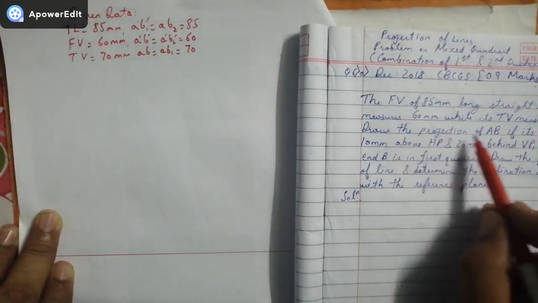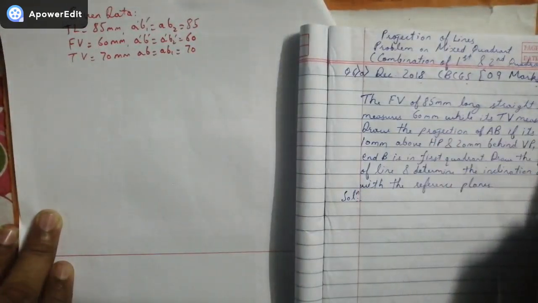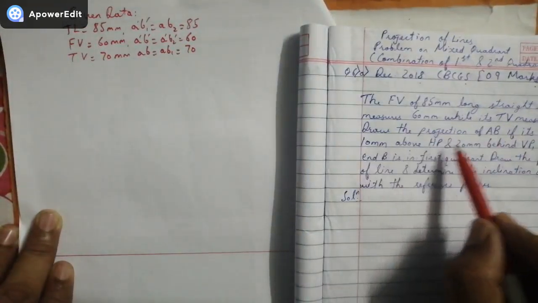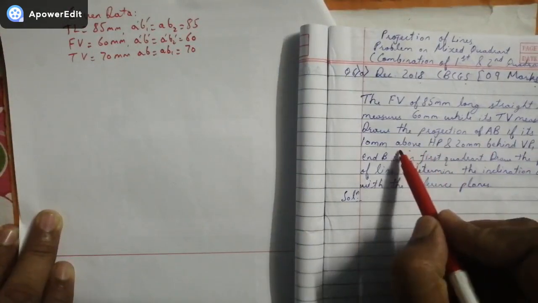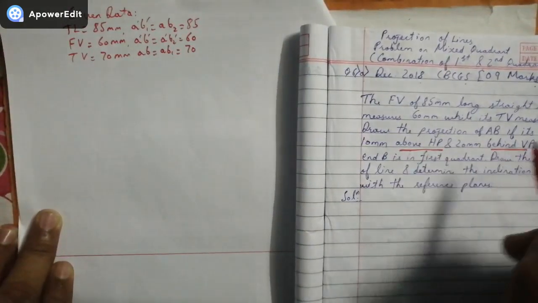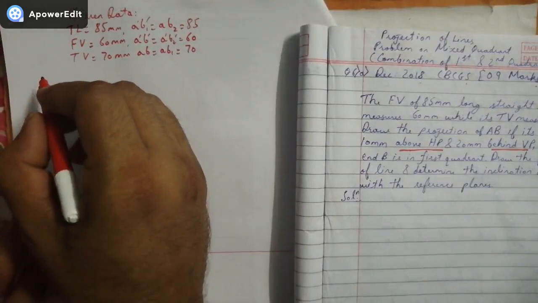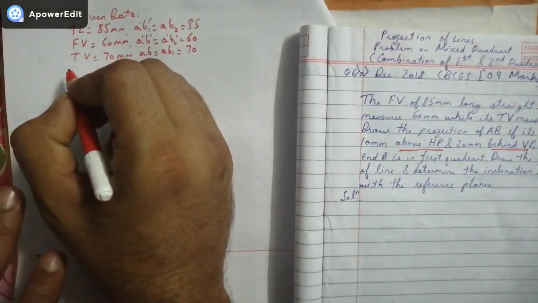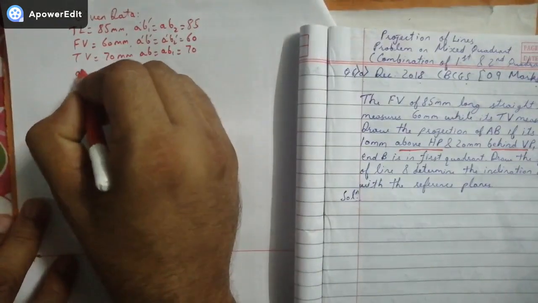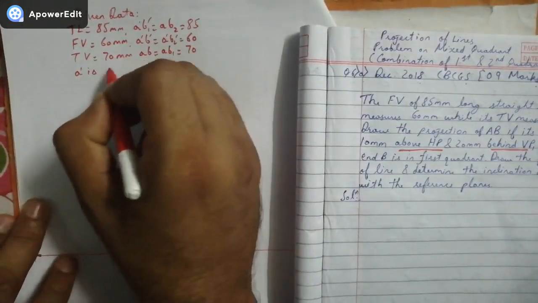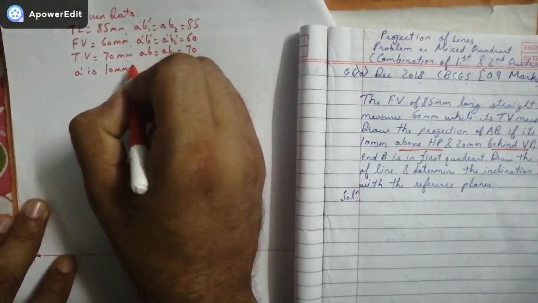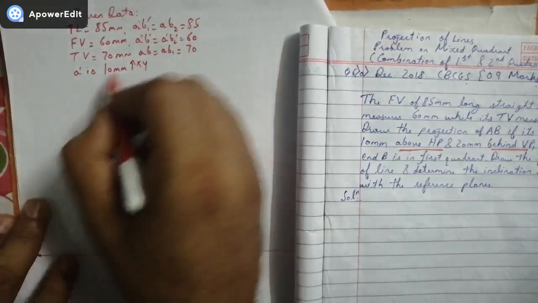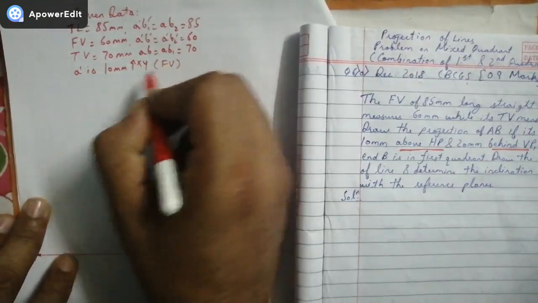Now draw the projection of AB if its end A is 10 mm above HP and 20 mm behind VP. So friends, above HP and behind VP means the point is in the second quadrant, quadrant number 2. That is why A dash is 10 mm above XY, that is the front view.